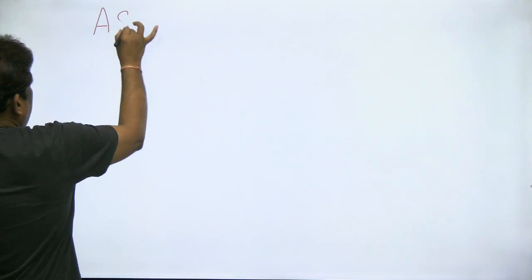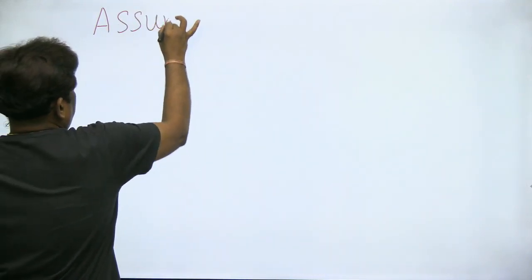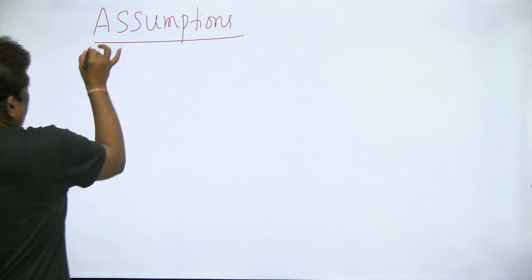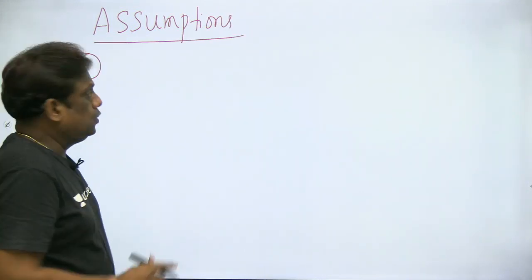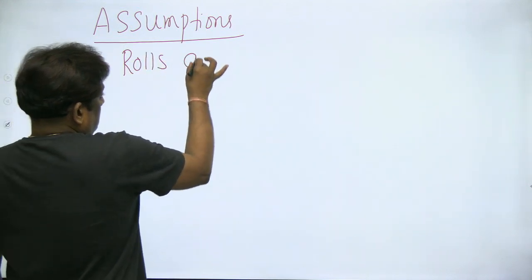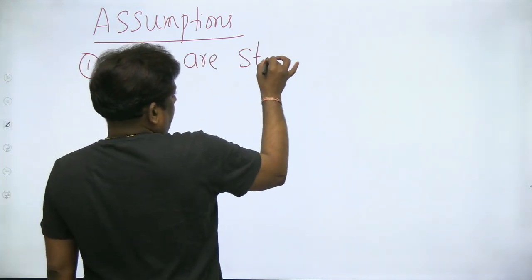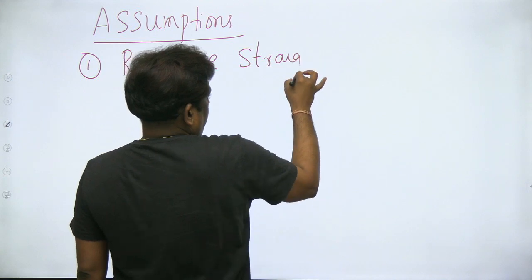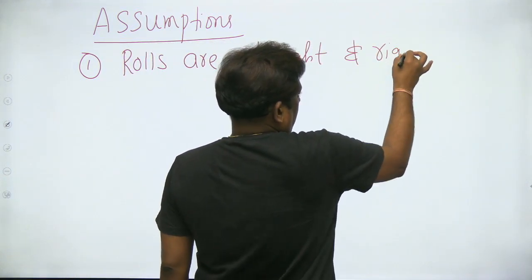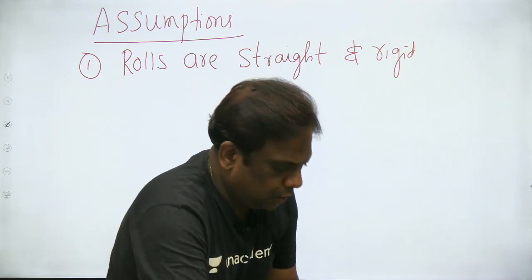The first assumption, and this is very, very important, among the assumptions made in the analysis: rolls are straight and rigid.